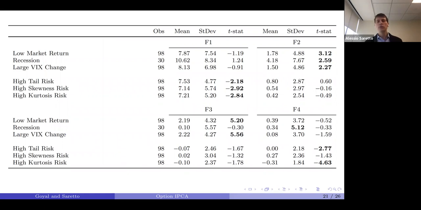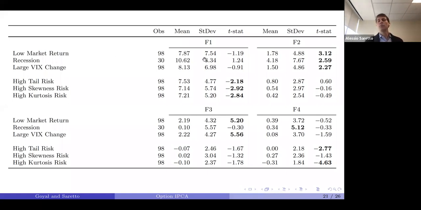So what we're going to do is look at the realizations of the IPCA factors when there are particular market conditions, and consider two groups: one is first and second moment, and another group is higher moments.